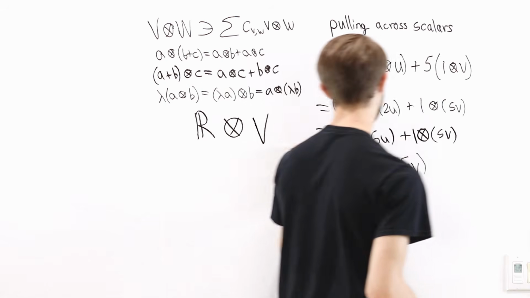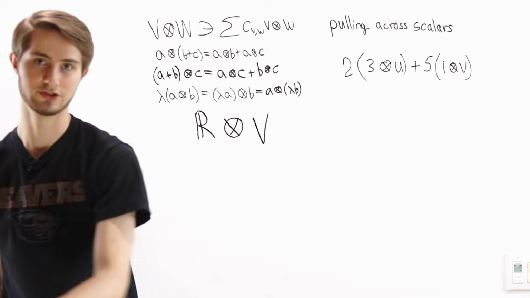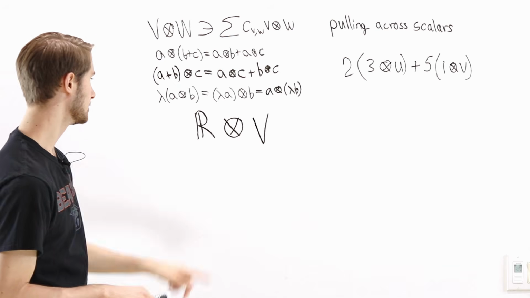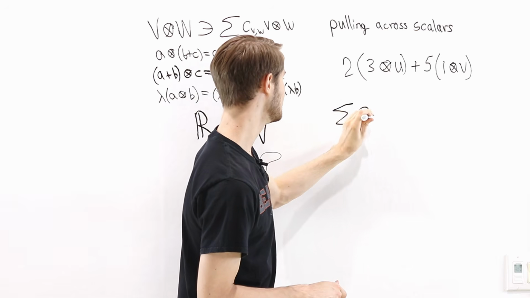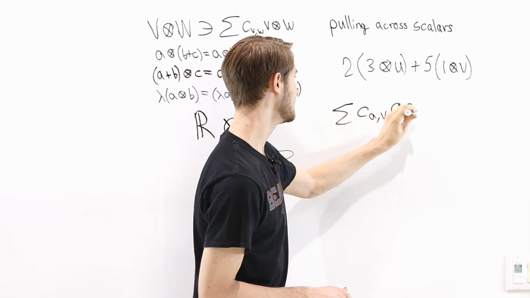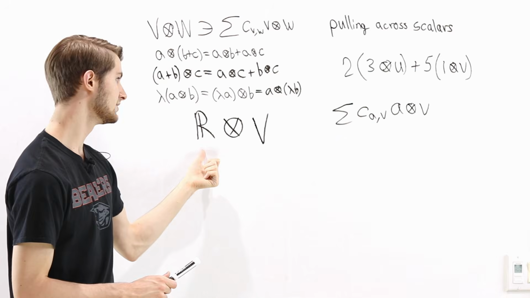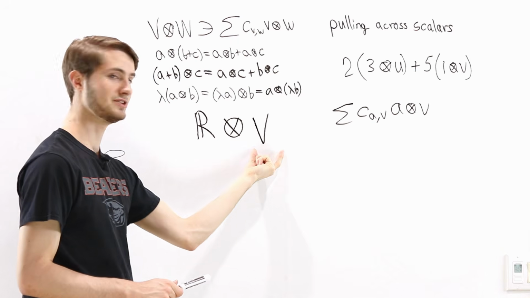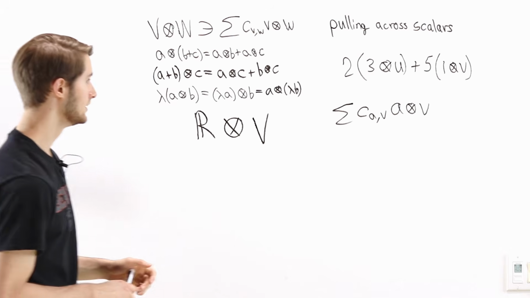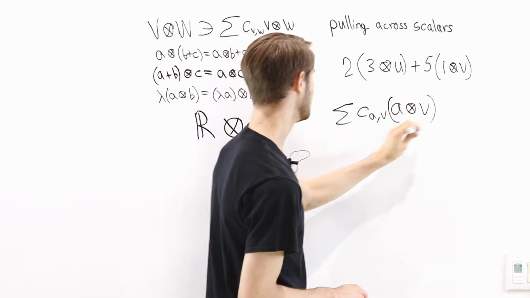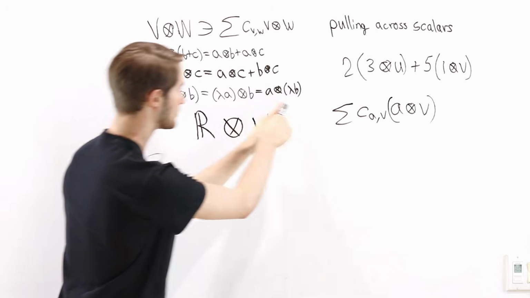We want to kind of copy this same idea, but for an arbitrary element of R tensor V. So an arbitrary element of R tensor V is going to be this linear combination here of, let's say, c_{a,v} times a tensor v, where the elements a are real numbers and the elements v are vectors in this vector space. So the first thing I want to do is take this scalar c_{a,v} from the outside and pull it across to the right.